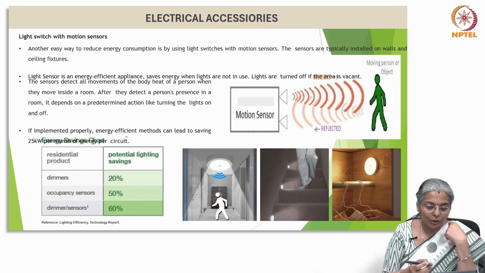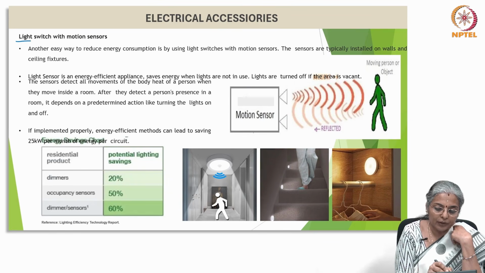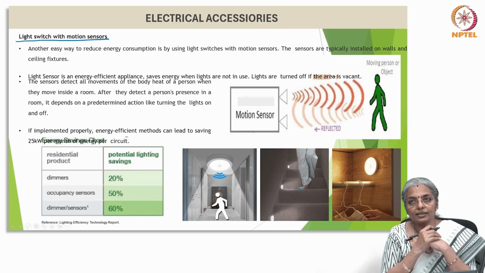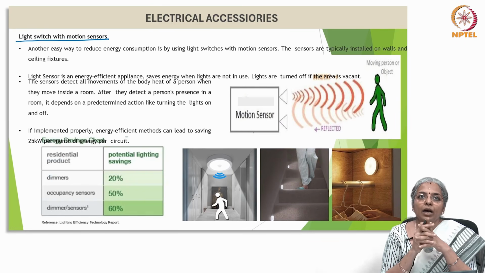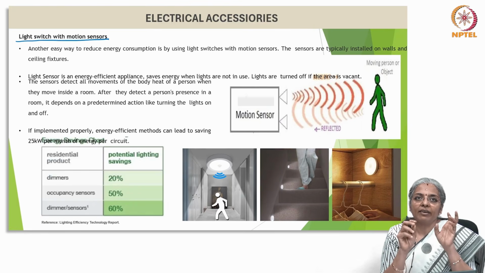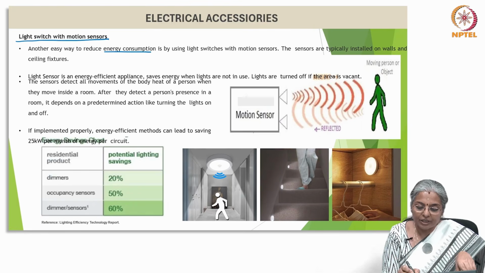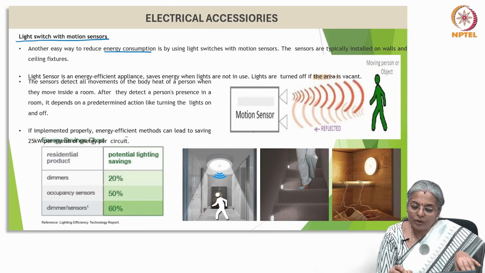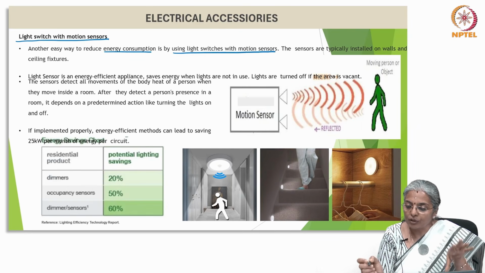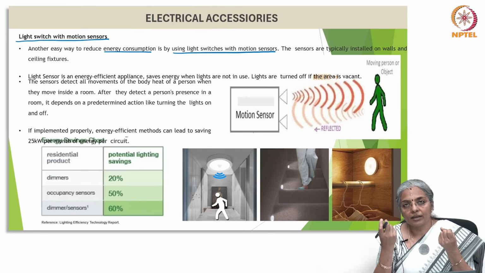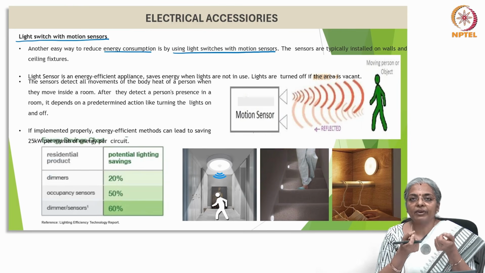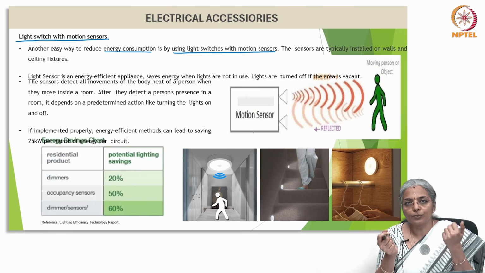Right. Now, let us look at light switches with motion sensors that can be used in multifamily housing. So, now it is an easy way to reduce energy consumption, because by using light switches with motion sensors, once the sensors get activated due to somebody's movement in the room, the light will switch on.